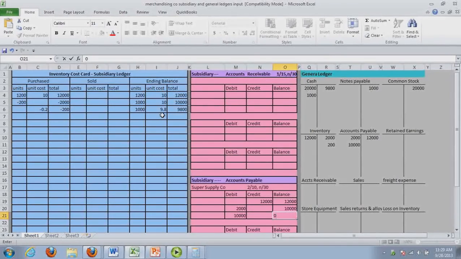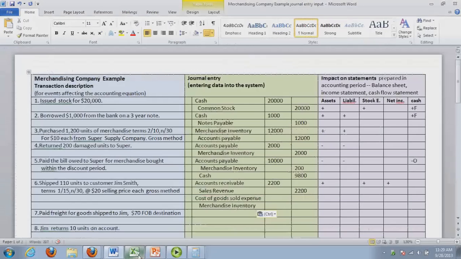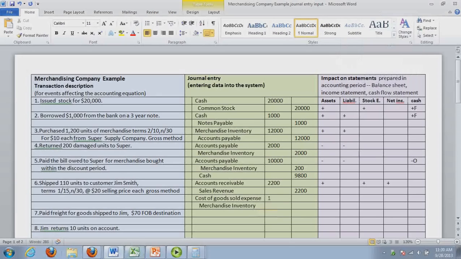So this is why this is so important, because there's all kinds of adjustments that can be made. $9.80 is the cost of our inventory. So if we come back over here and calculate this, we have 110 units at $9.80. That's 1,078, hopefully. Okay, so let's pick that up.